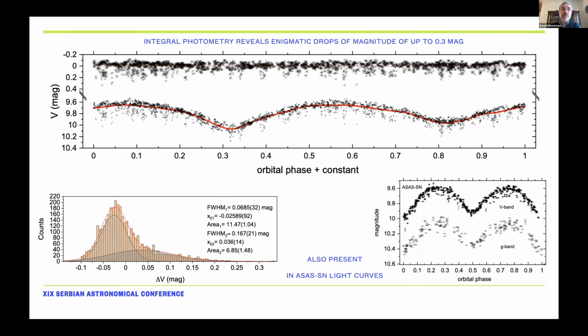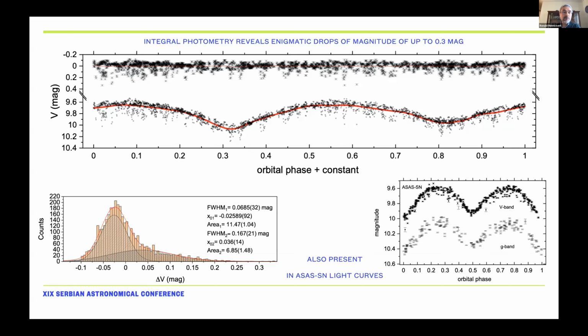And also when phasing the integral photometry with the orbital phase, we observe not only the general tendency shown here by the red line, but also some drops of magnitude that are very characteristic for this system. And the whole dataset can be modeled with two Gaussians of different width.